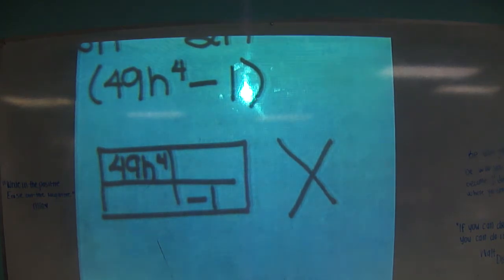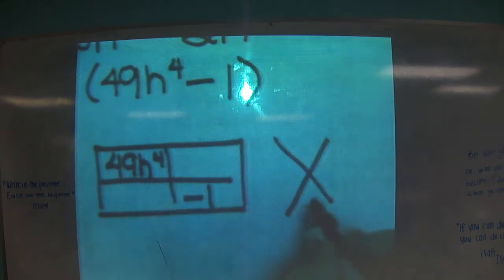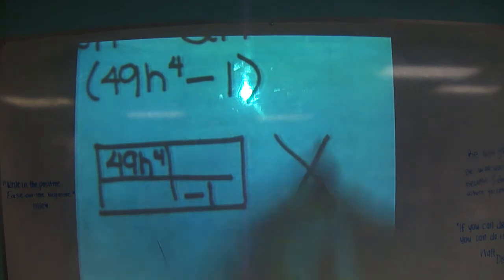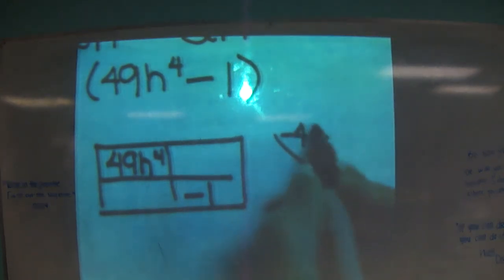Is there an h to the 2nd term? If you said no, what's the number that goes with that? There's no b term. So what's the value of no b term? 0. So what's 49 times negative 1? Negative 49.